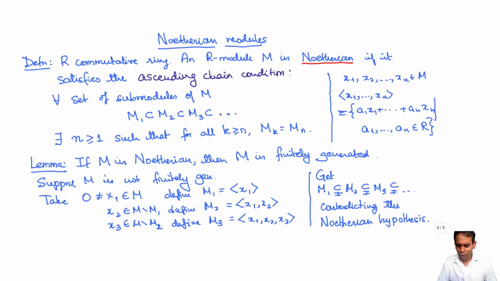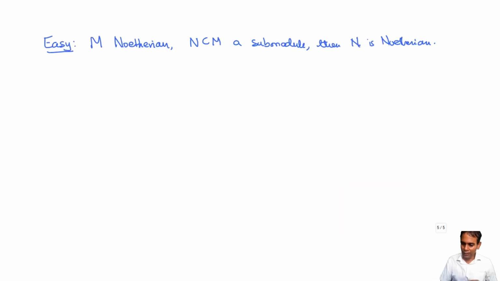If you take an ascending chain of submodules of N, they will also be an ascending chain of submodules of M, so they will stabilize. So a submodule of a Noetherian module is Noetherian. However, it is not always true that a submodule of a finitely generated module is finitely generated. So this is where the Noetherian condition becomes very helpful.